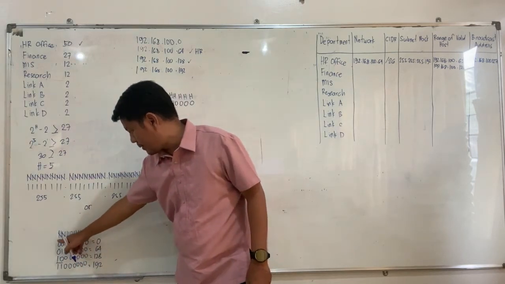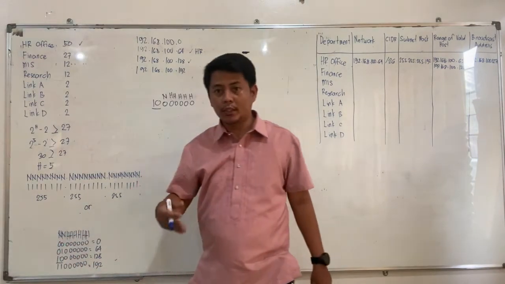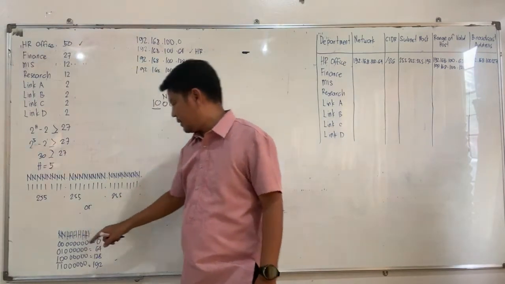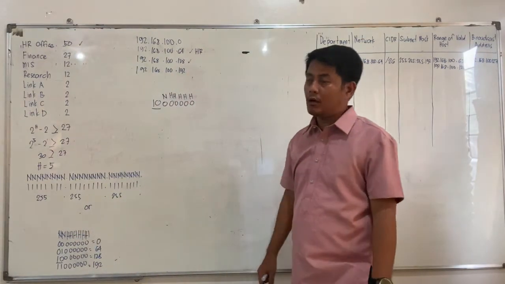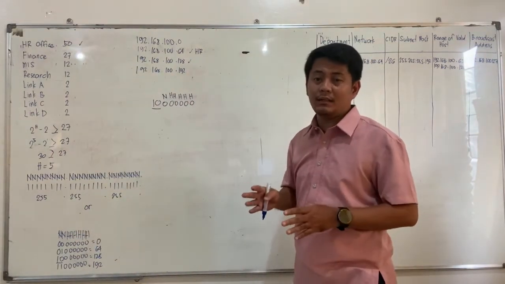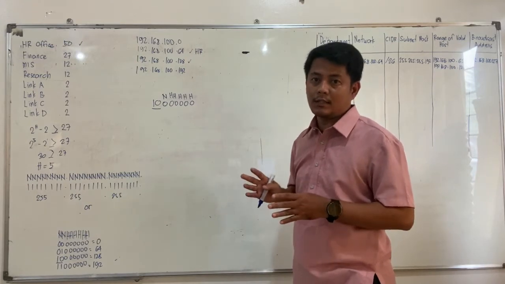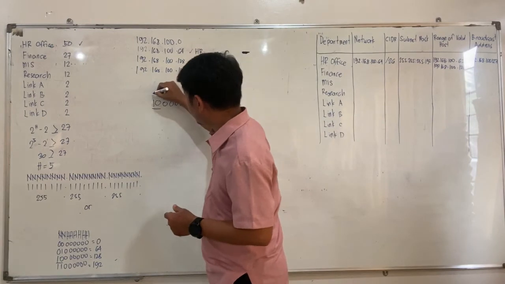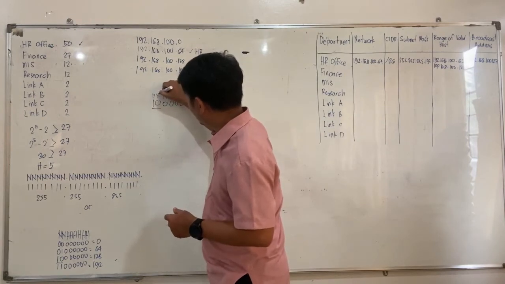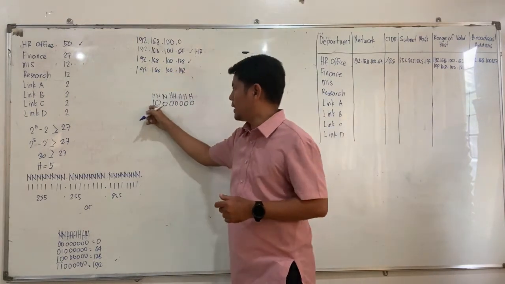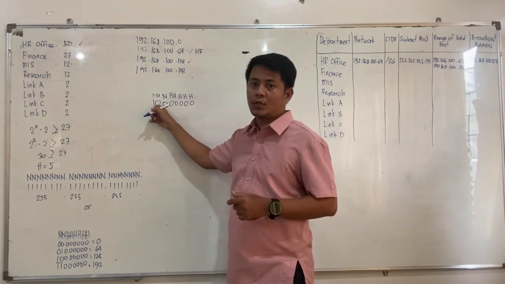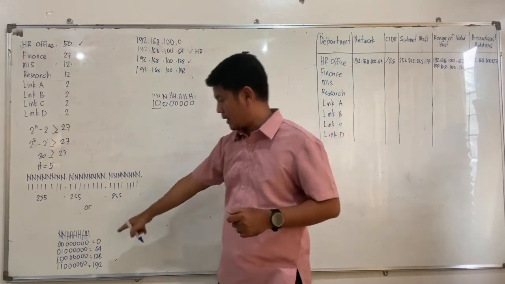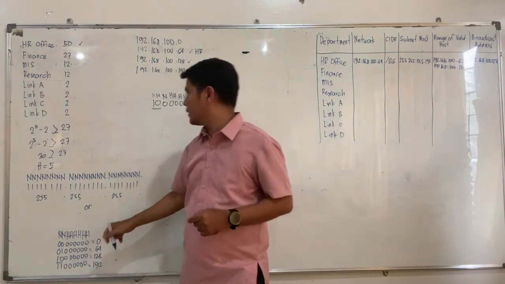10000000, where 2 bits are for the network and 6 bits for the host. But we only need 5 host bits this time. So we do not change the first 2 bits because they are already intact, which is the .128.